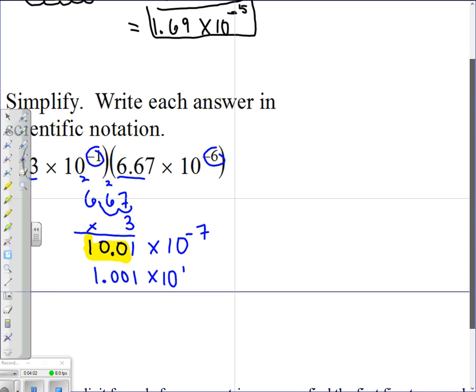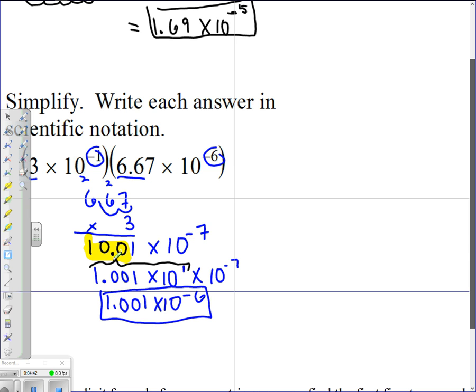So that's 1, and copy the 10 to the -7. So what happened is the following. This number is that number, and then 10 to the -7. So my final answer would be 1.001 times 10 to the, 1 combined with -7 will give you -6. And there you go, that is the answer.